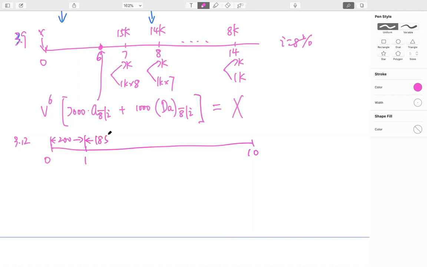So the next one will be $185, and it goes on until the very last one. It's not 10. I'm not sure why I put 10 down there. The question says the last payment is $80. So we actually need to figure out what would be the last time point. All we know is $80.